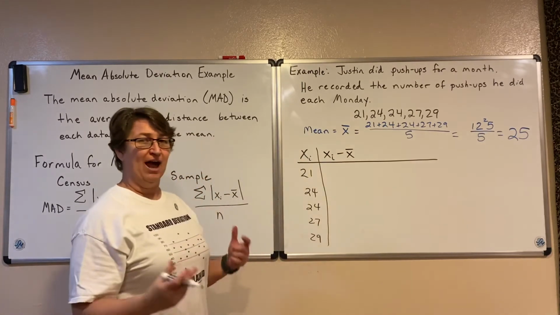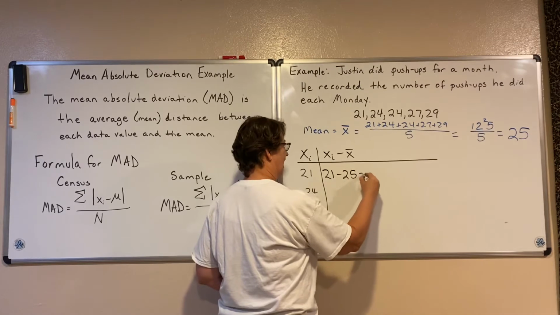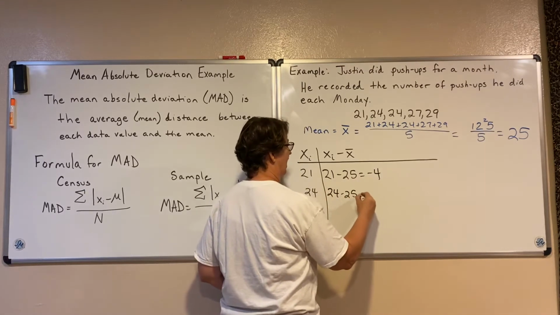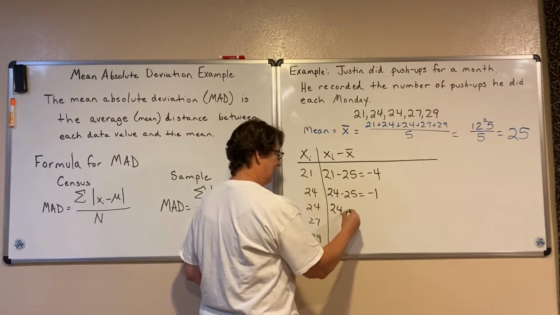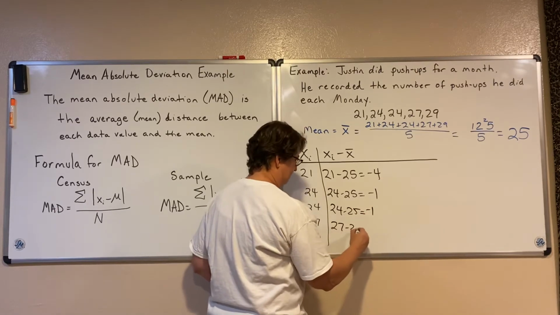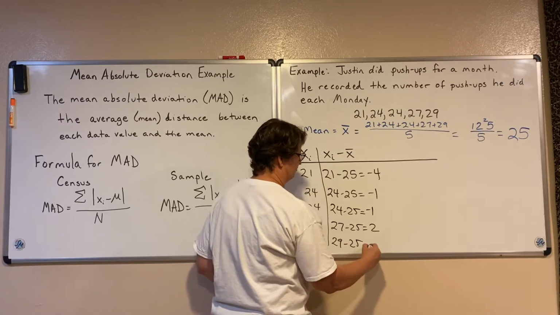Just going to find out how far apart they are. So 21 minus 25 is a negative 4. And 24 minus 25 is a negative 1. I'm just finding the difference between my data value and the mean. So 27 minus 25 is 2, and 29 minus 25 is 4.